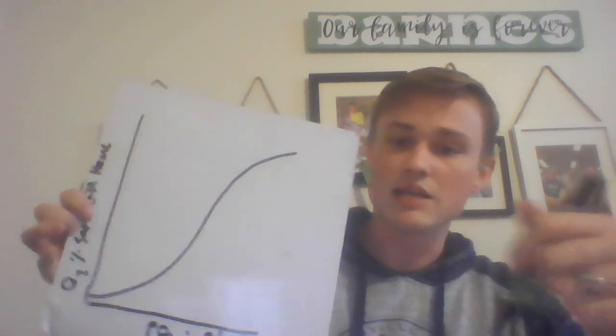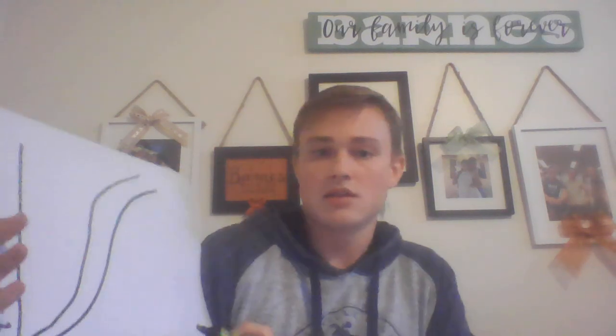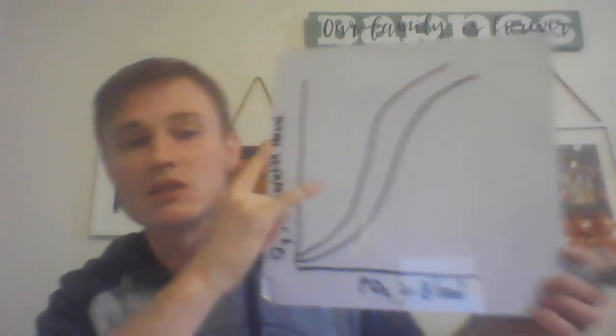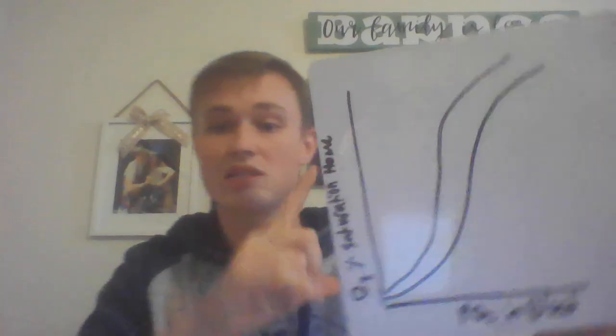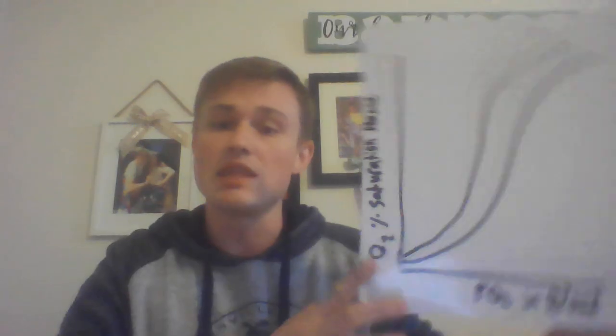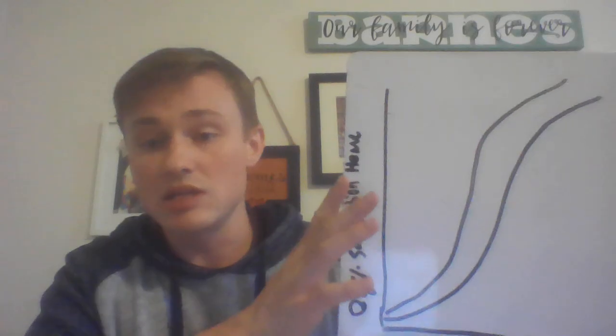If we shift our normal S-shaped line to the left, then we have lower CO2 with higher oxygen, which makes sense, right? Because shifting to the left, we're not needing as much pressure to get that percentage of saturation higher.